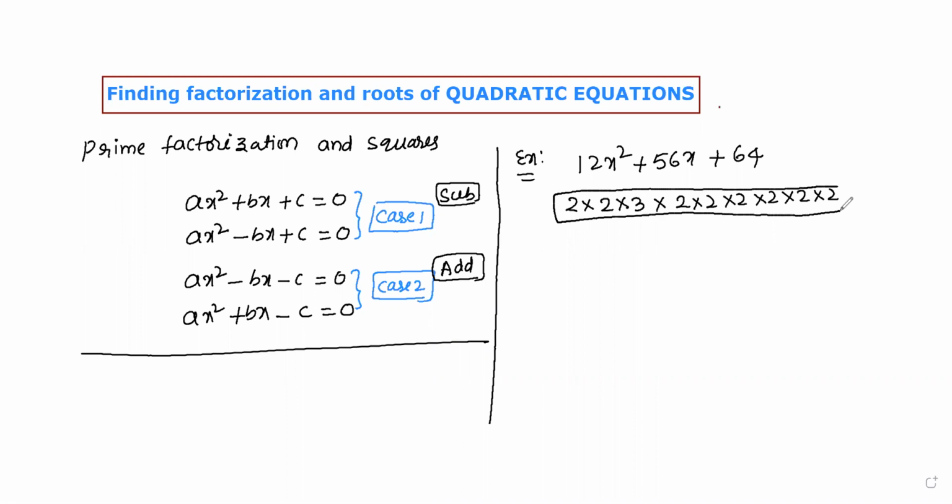After that, we have to take the product of 12 and 64. That gives us 768. The perfect square value which is nearer to 768 is 729. It is nothing but 27.